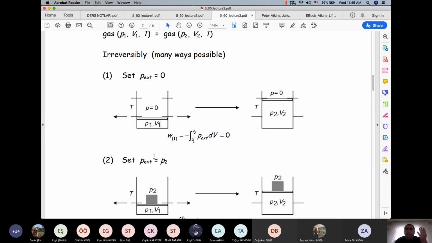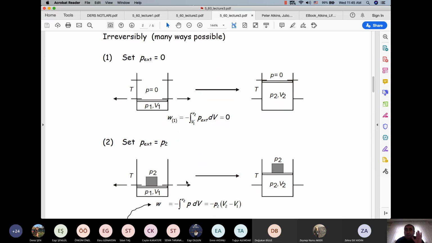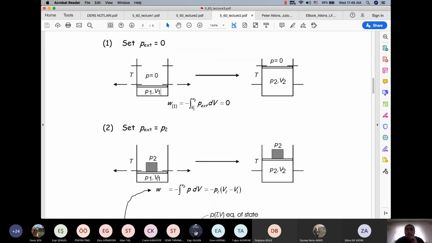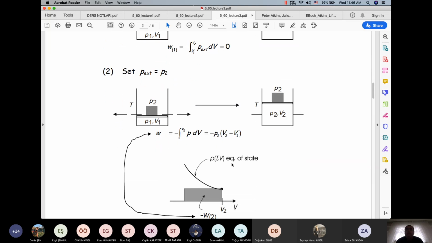In another case, I can put a weight that creates some pressure that will be P2. This is still an irreversible process. Okay. When I remove the holdings, the system goes up to a point where it comes to mechanical equilibrium again, and the system produces work from V1 to V2, the integral of P external times dV. There are some typos over here.